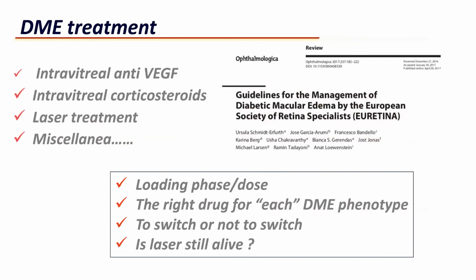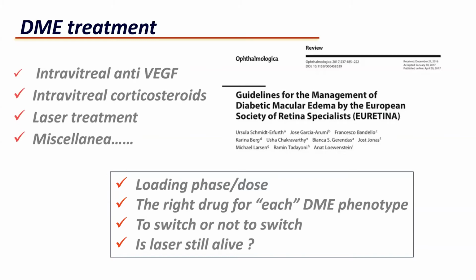If you look at the guidelines for the management of this particular retinal disorder in the middle of the retina of diabetic eyes, you see the EURETINA guidelines, which are a little bit well known, but I have written some points in the bottom part of the slide.